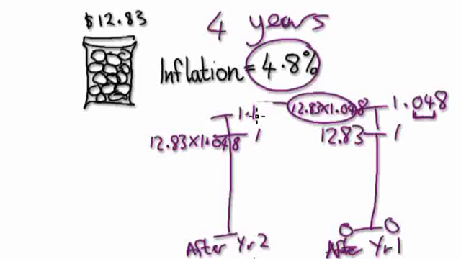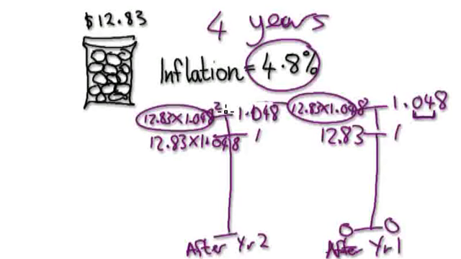So this will be 12.83 times 1.048 to the power of 2, or squared. Okay, and then jump to the dot dot dot.